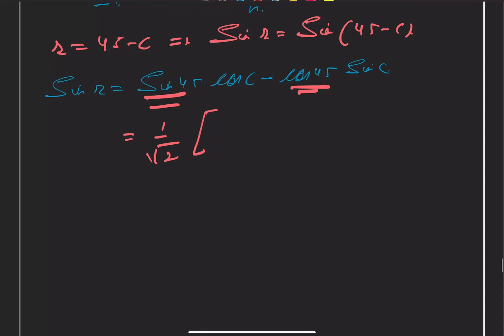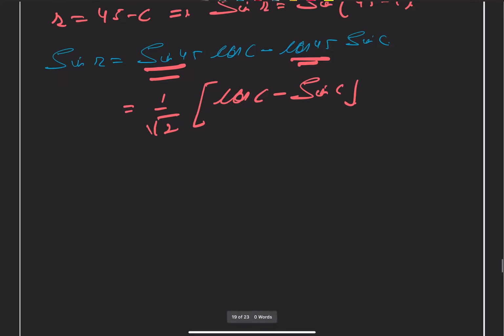So this will be left as cos of C minus sine of C. And sine of C, we know, is N1 upon N.